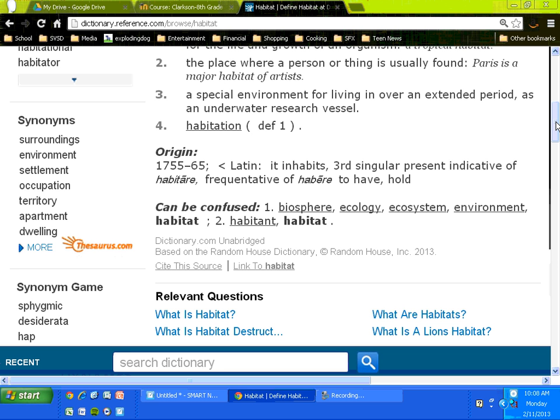Habitare or habere. It's kind of like different forms of the same word, like different transformations or different tenses of the same word. And what does that original word mean? Very good.